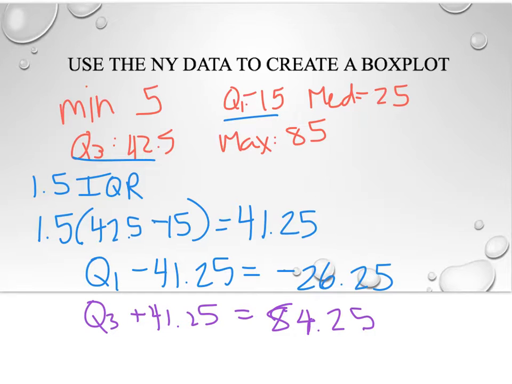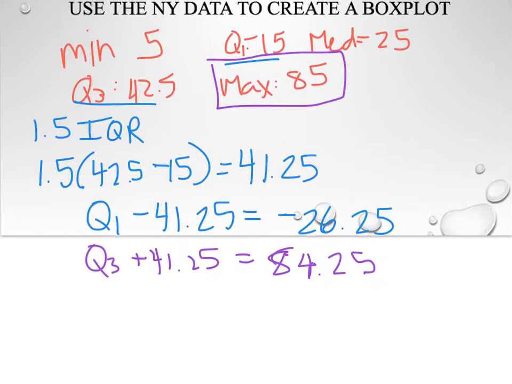Okay, so notice that our maximum is bigger than that 84.25, our upper fence. So that means that this 85 is an outlier, right? If we look back at our data, we'll notice it's the only outlier, right? It's just that one point at 85 because the next lowest value was below our 84.25.